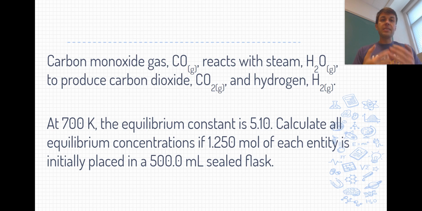So this is an example of the usefulness of the equilibrium law. We don't have to carry this reaction out and measure things and figure out what's going to be produced. If we know the equilibrium constant and we know how much of each chemical we're putting in, then we can predict how much we're going to get out of the reaction.